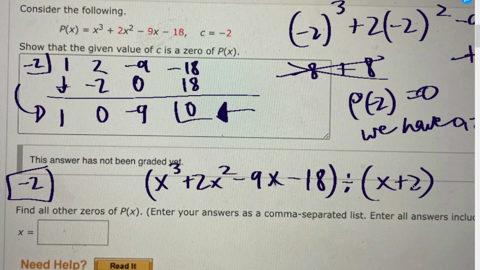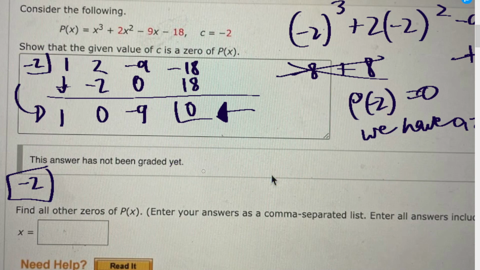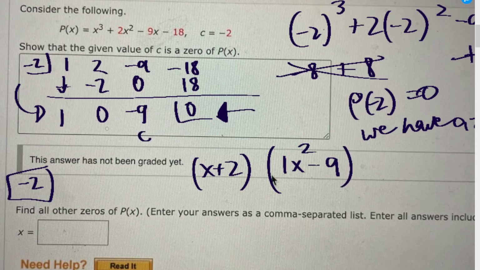Once we have that, we have our x plus 2 factor, and that's key. We multiply it with this quotient, so we'll have x plus 2 times (1x squared minus 9). We build up from the constant.